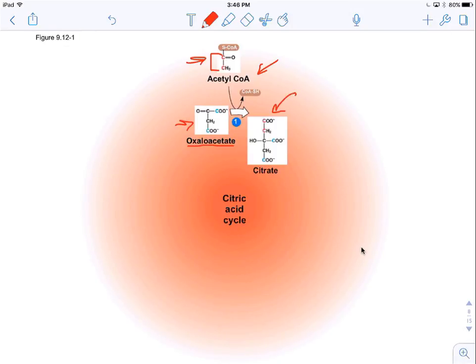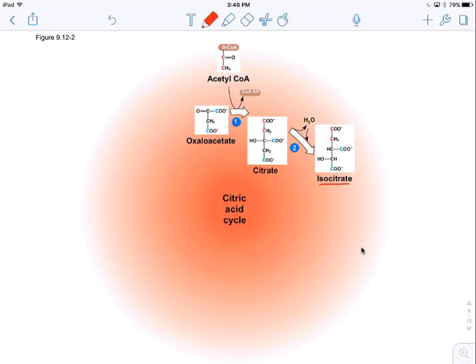And there's that acetyl group right onto oxaloacetate to make citrate. Okay. Then in the next step, you have a little bit of exchange of some water in, some water out. There's a little bit of a rearrangement, and you get isocitrate, which is an isomer of citrate.